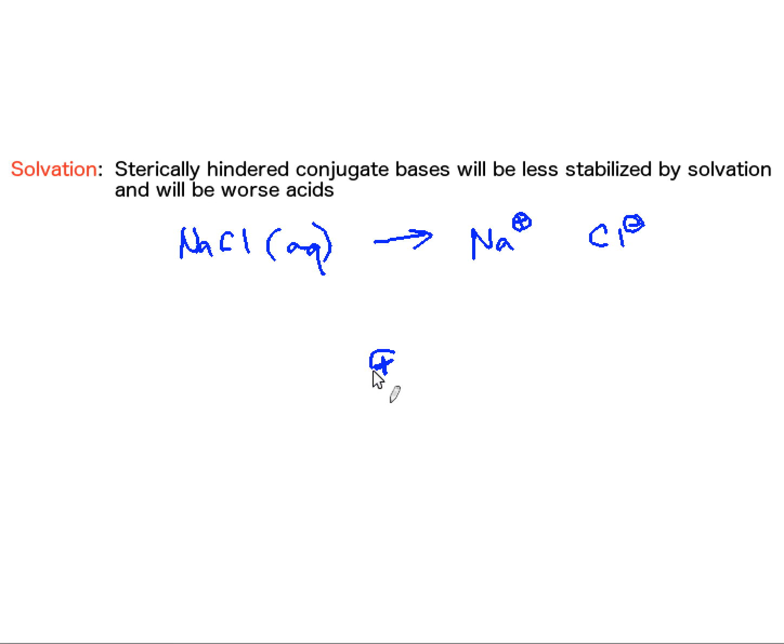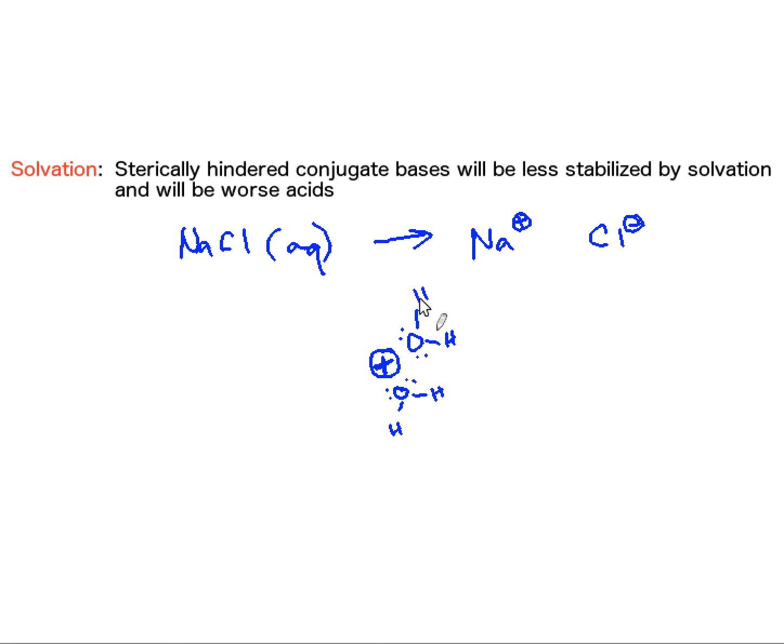Let's say we have a positively charged sodium in water. Well, water is a polar molecule. That means it has a dipole associated with it, a partial positive charge and a partial negative charge throughout the molecule. And so that water may orient itself in a particular way to sort of give our positive charge a nice big hug.